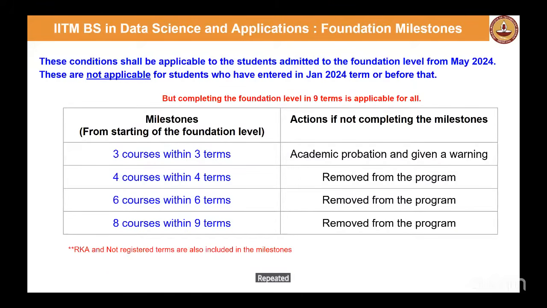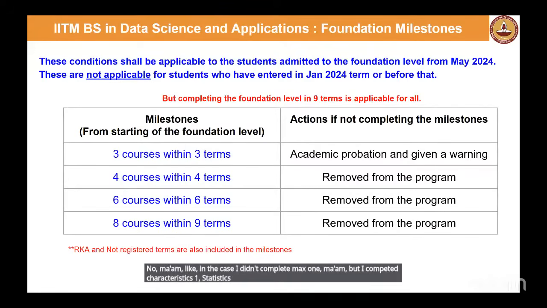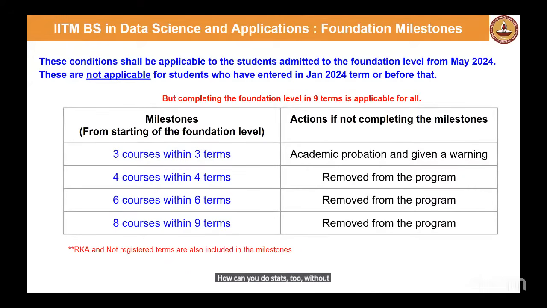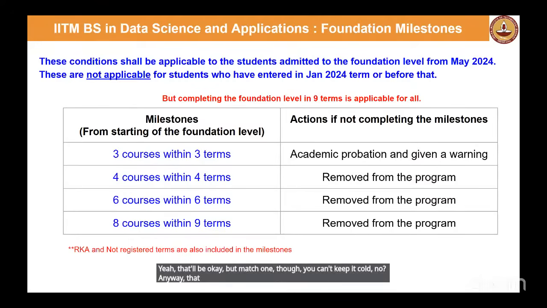You have to complete 4 courses. Say I didn't complete Maths 1, but I completed Statistics 1, Statistics 2, and Python. How can you do Stats 2 without completing Maths 1? Okay, then English 1 and English 2, just for example. Yes, that will be okay, but Maths 1 you can't leave out, and that will be a hit for you.